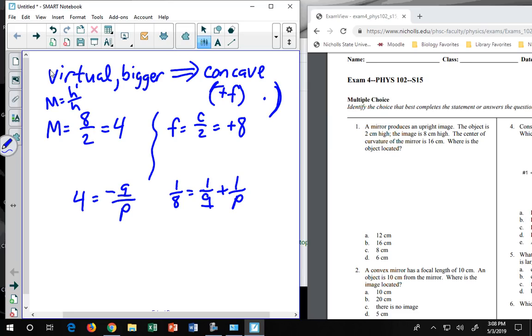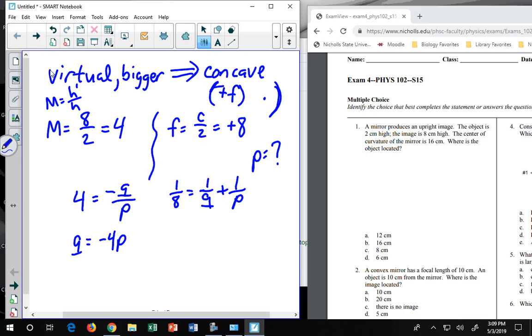I'm looking for where the object is located, so I want to know in this problem what is P. So I'm going to solve that for Q and substitute in Q in the lens equation or the mirror equation. I'm going to say Q is equal to negative 4P. Just cross multiplied.